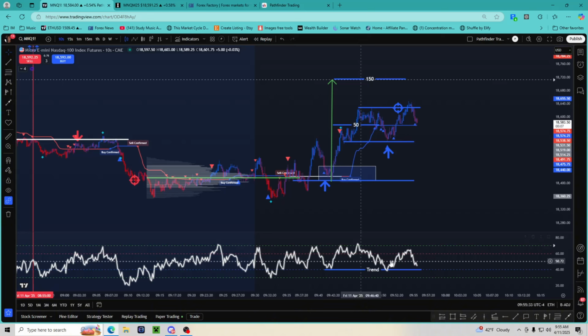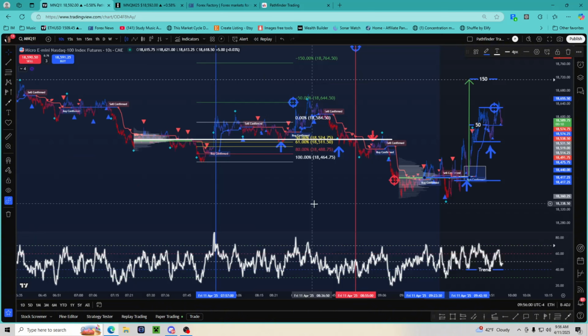Guys, we caught that buy all the way at the bottom. We saw the shift happen. We caught it perfectly. And market came right back once again to our point of control before turning around. So we had 1 point of control, 50% trade back here. We had another point of control trade right here.